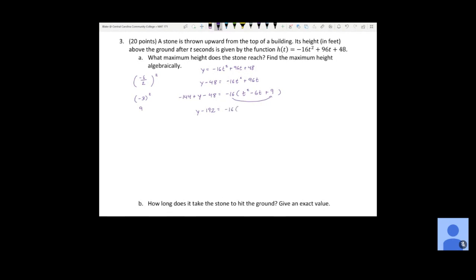If we factor the t squared minus 6t plus 9 now, what do we get? Okay, good. So we're going to have t minus 3 squared. And then finally, we're just going to move that 192 back to the other side. So we have negative 16 times t minus 3 squared plus 192.